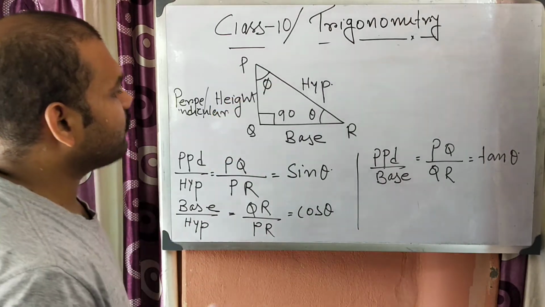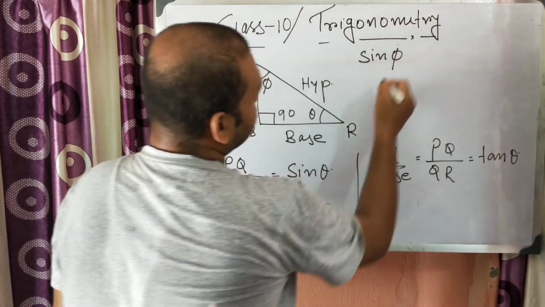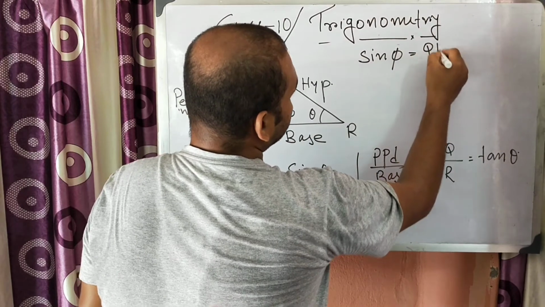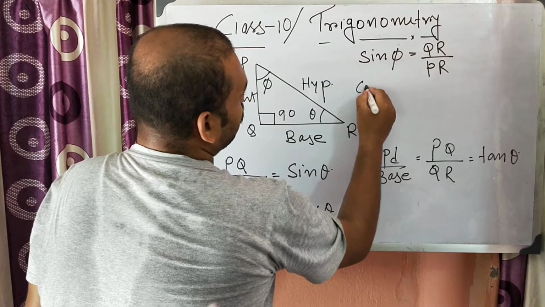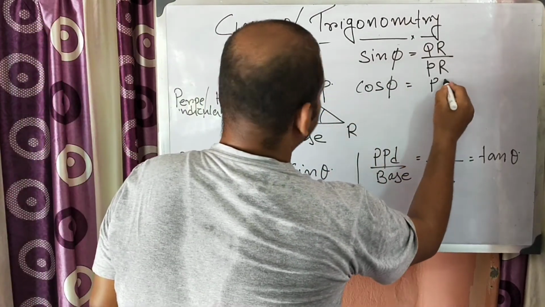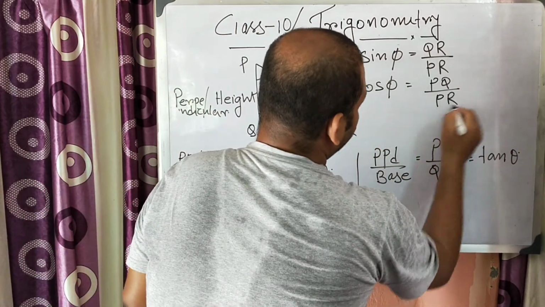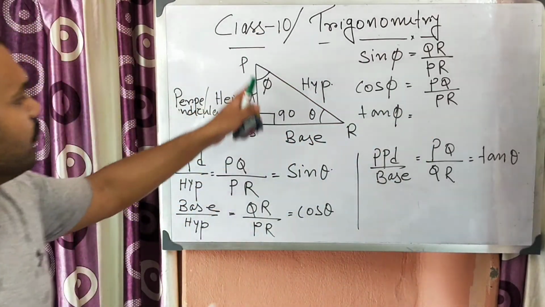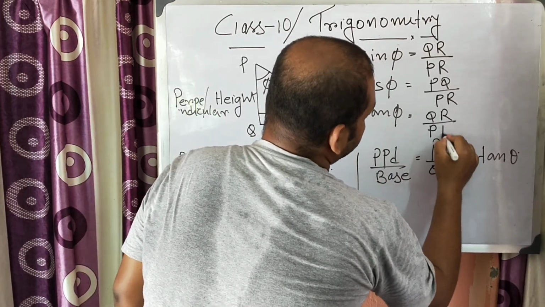But with respect to phi, it will all change. So with respect to phi, sin phi, in case of phi, the perpendicular becomes QR, so it will be QR by PR, perpendicular by hypotenuse. Cos phi becomes base by hypotenuse, so in this case base will be PQ and hypotenuse is PR, and tan phi, now the perpendicular becomes QR, so it will be QR by PQ.